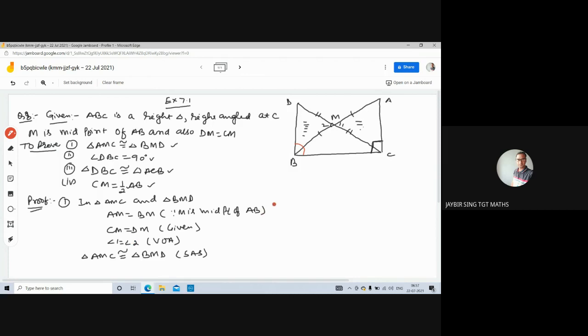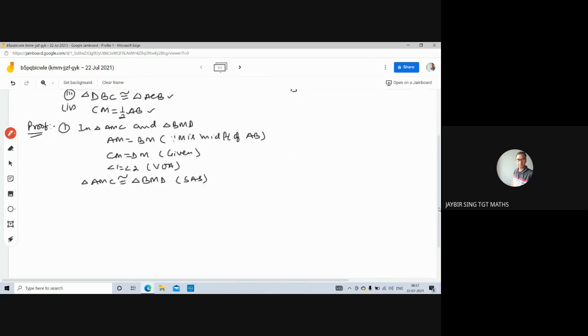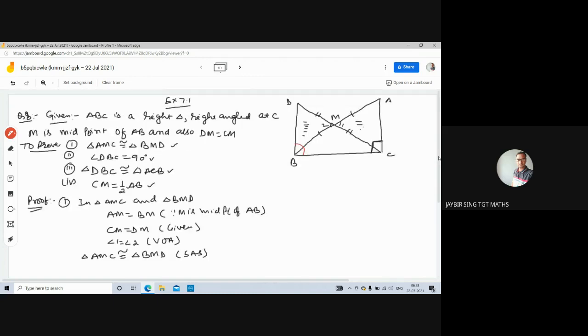For this, you can see, now these two triangles are congruent. So this angle 3 will be equal to this angle 4. Therefore angle 3 is equal to angle 4 by CPCT, and these are also alternate angles.